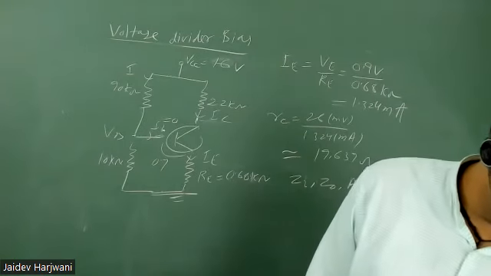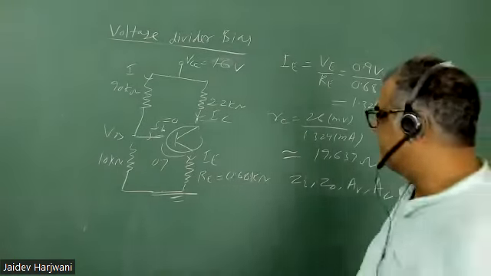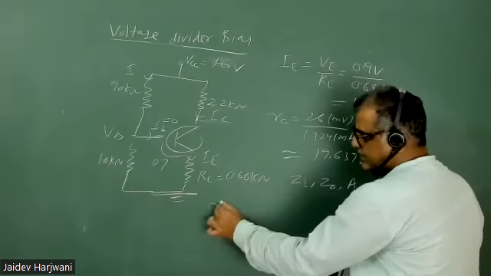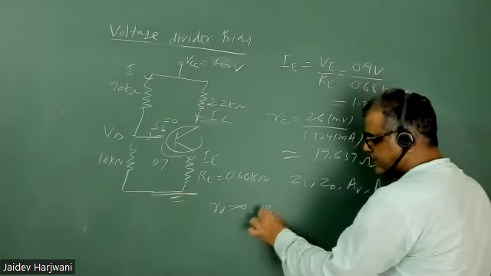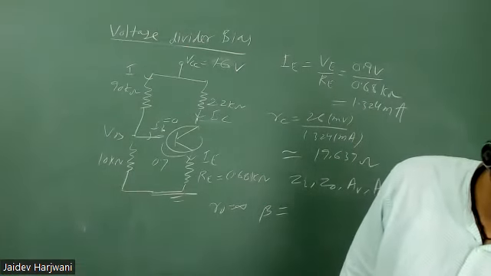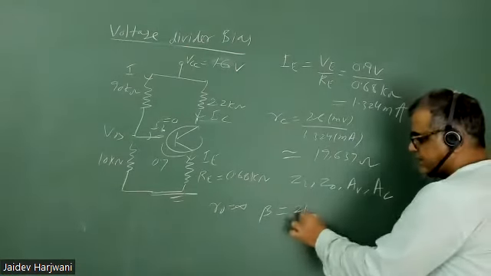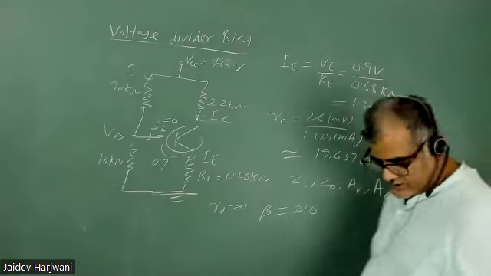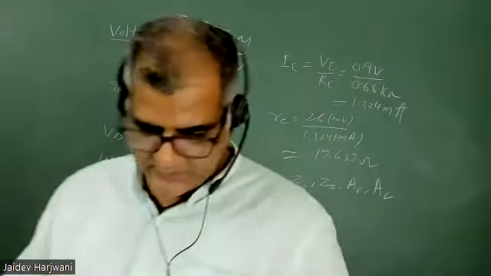And you also need the beta value, so take Ro infinite and beta value you can take in the circuit as 210. Just tell me what is Z impedance approximately.